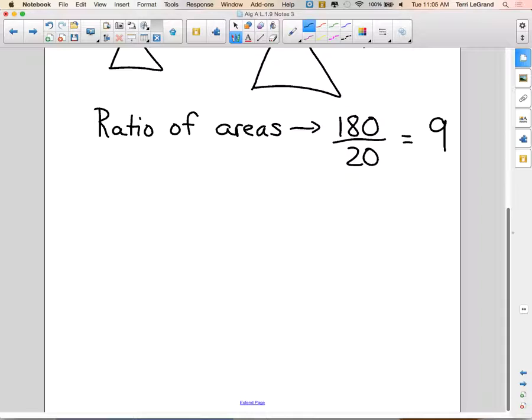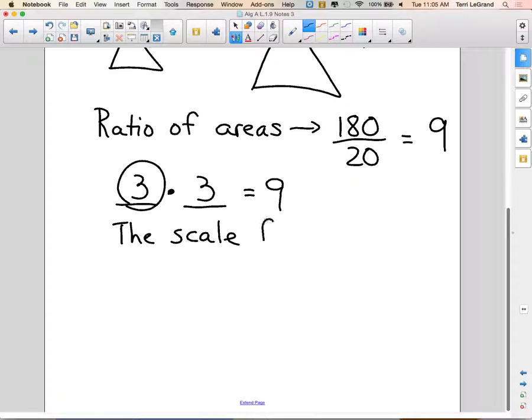If the ratio of the areas is 9, don't we need the scale factor times itself to equal that 9? Remember something, the scale factor multiplied by itself tells you how many times bigger it will get. So is 3 times 3 9? Yeah. So the scale factor is 3.